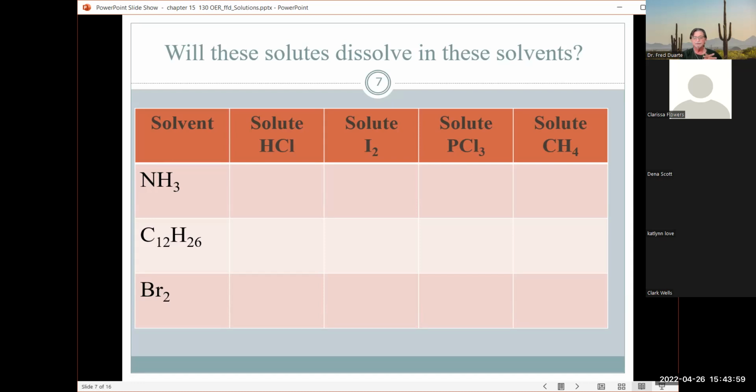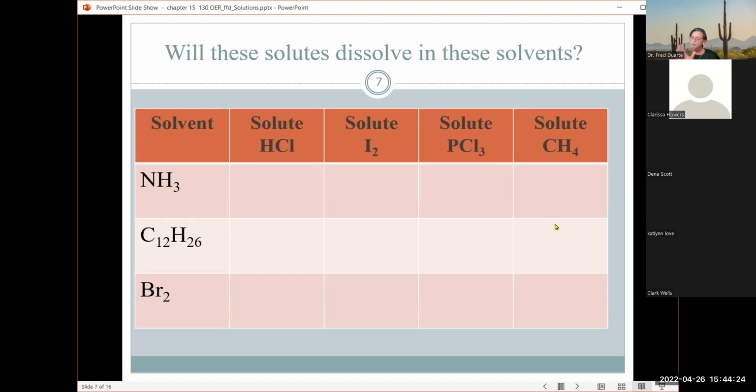And the answer is yes. I first need to determine the polarity of everybody. Okay, and to determine the polarity, I need to recognize a number of things. One, if I need to, I use the Lewis dot structure, so I can draw the geometry, which will give me information as to the overall polarity of the molecule.